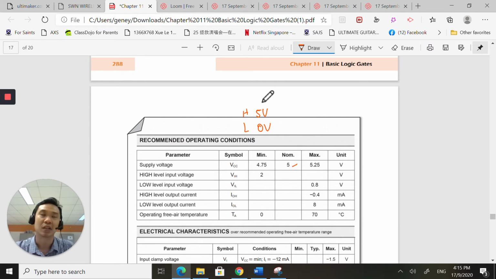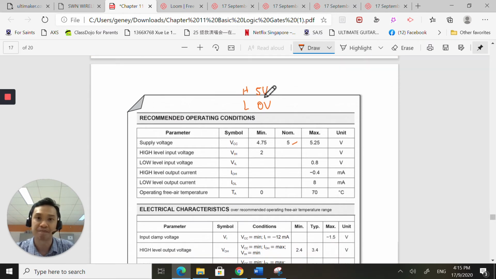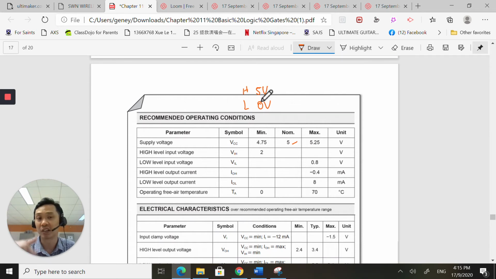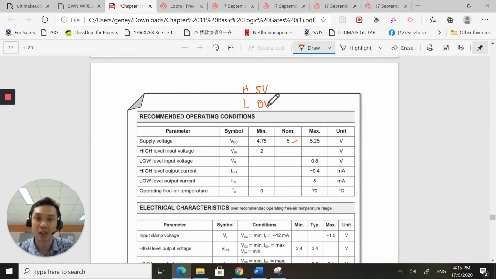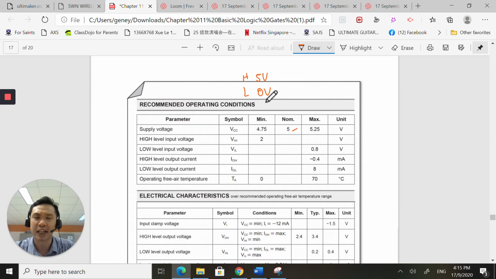But in real life, we seldom get a very nice 5, a very nice low. So there are variations, yeah. So this number tells me that this chip will recognize it as a high if you input anything above 2 volts. And this chip will represent it as a low if you input anything below 0.8 volts.